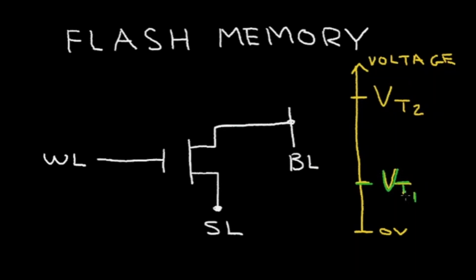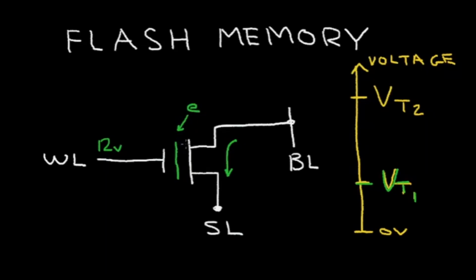Now I can do something very special with this transistor during fabrication: I can add a floating gate into this transistor. What I can then do is apply a very high voltage, perhaps 12 volts, at the gate, and run a large drain current in this transistor, and I can induce electrons onto this floating gate.